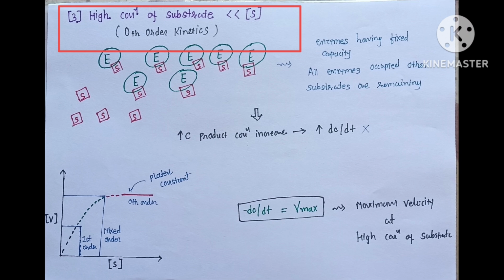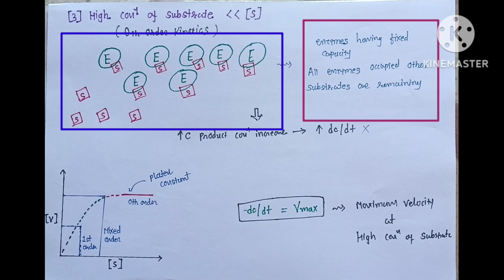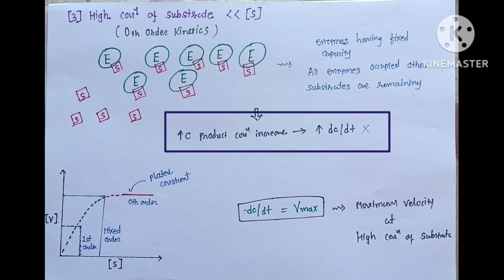Third condition, high concentration of the substrate. As we know, an enzyme has a fixed capacity, so at the time of high concentration of substrate, all enzymes are occupied and the other substrate remains. So at that time, the product concentration increases, but the rate of reaction dC/dt does not increase.